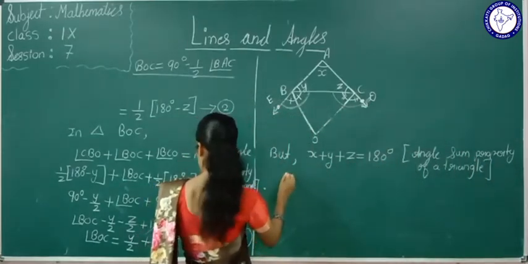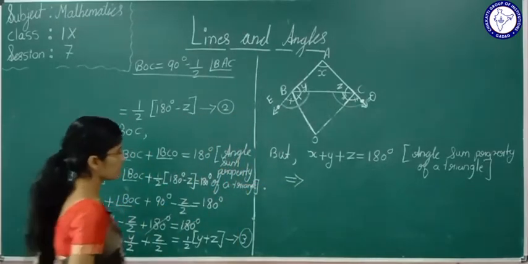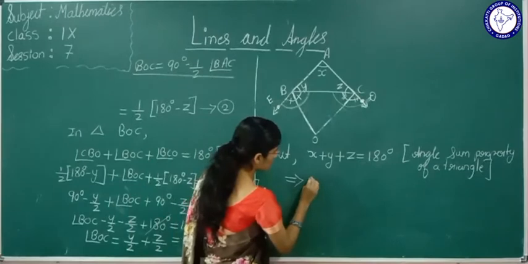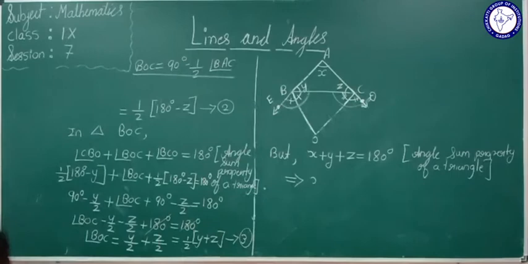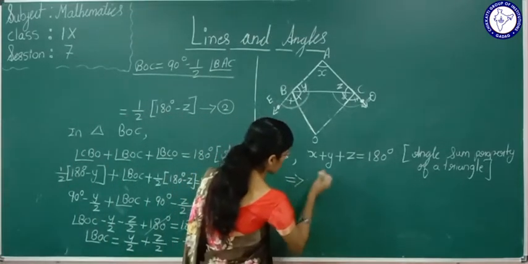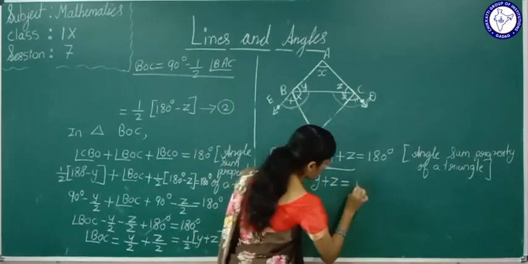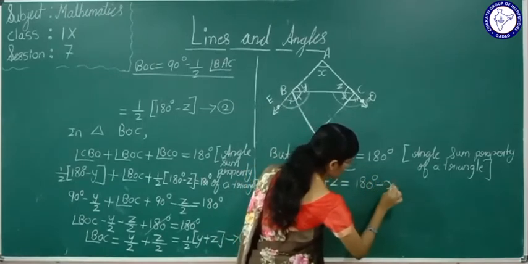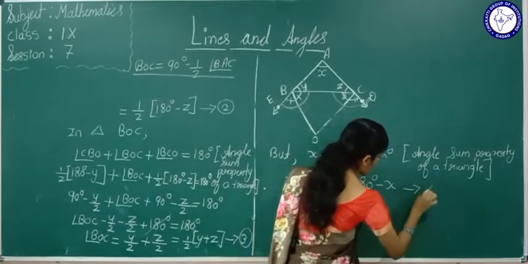So this implies y plus z is equal to how much, students? It will be 180 degree minus x. Yes or no? It is 180 degree minus x. Call this equation number 4.